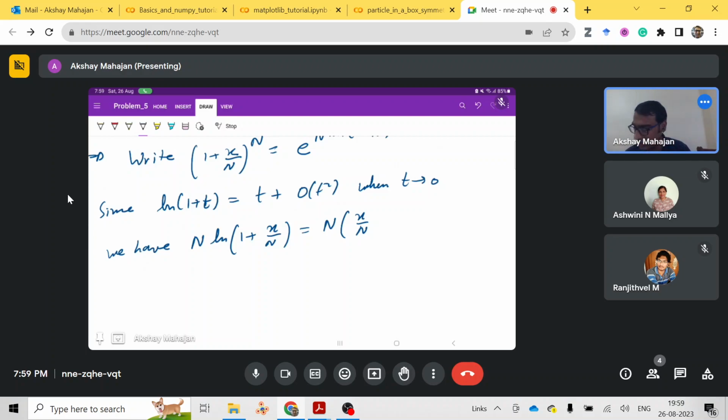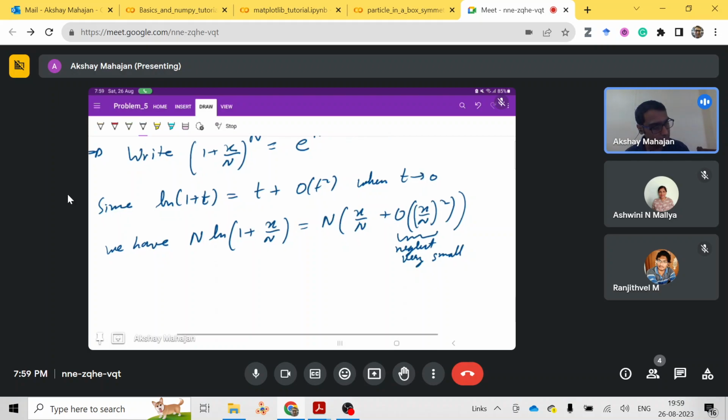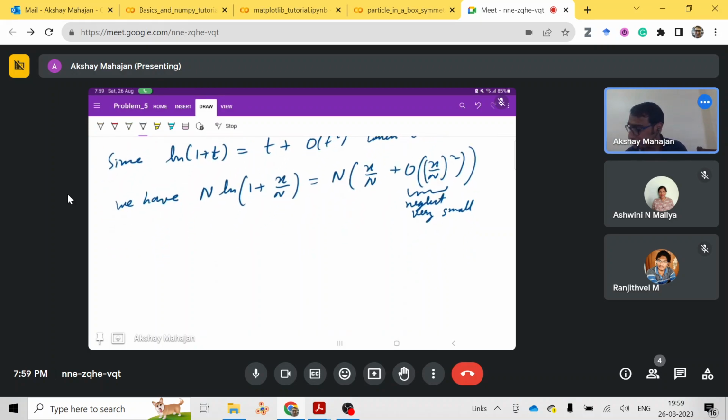So I can write it as n times x by n plus some order of (x by n) square, and these terms could be neglected. x by n is already going to be very small, and then (x by n) whole square values would be very small, so this order of square values we can neglect.